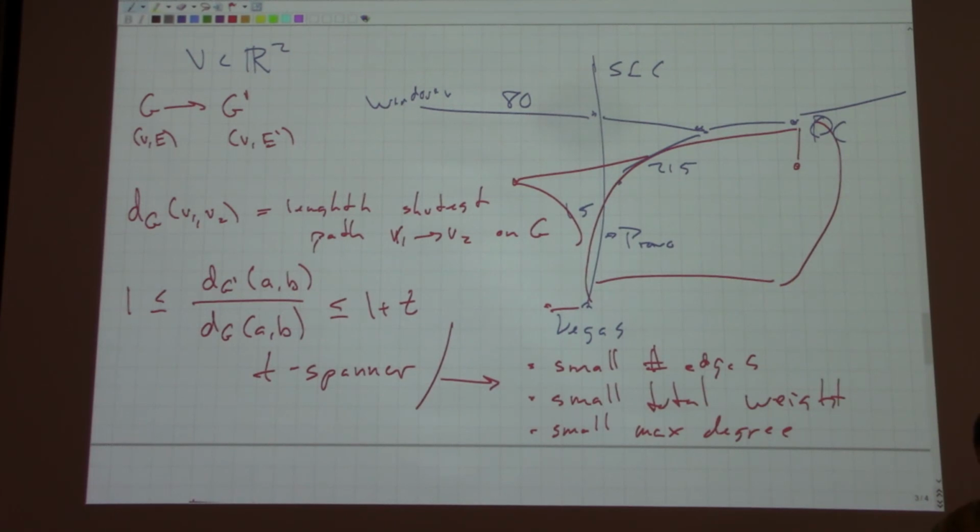OpenStreetMaps is an open source effort to do this, and I think it's now pretty good in the US. It used to be much better in Europe, but people would go and bike with a GPS tracker on their bike and then upload it. And so we get all these traces of where people went on these roads. And then you try and figure out where the roads are from all these traces.